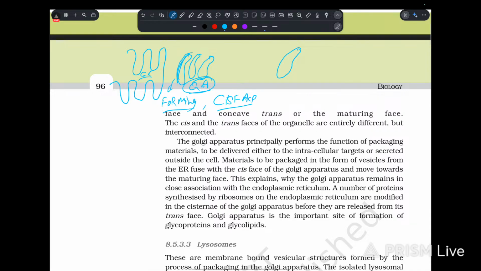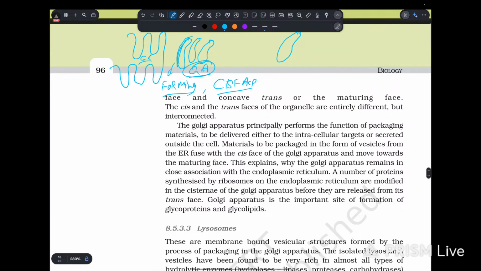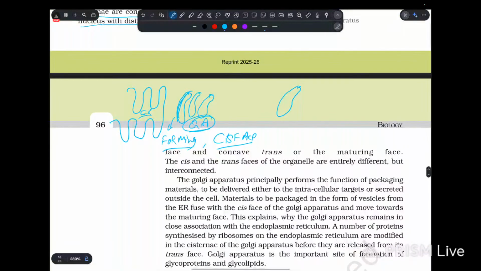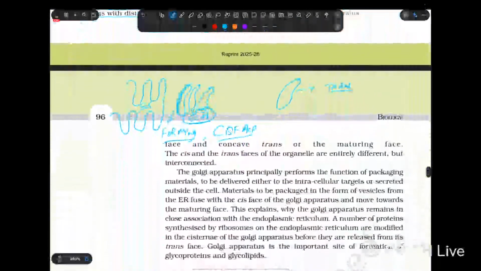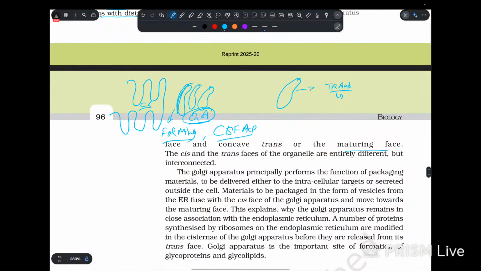The opposite side of the cisterna, opposite to the endoplasmic reticulum, is called the trans face or maturing face.